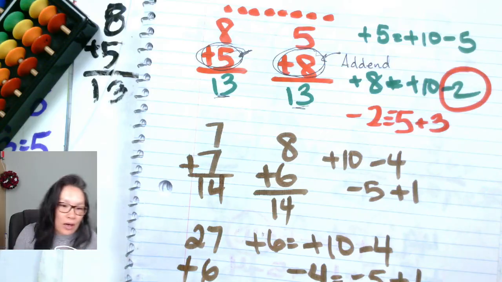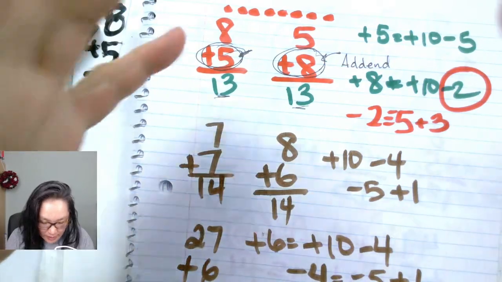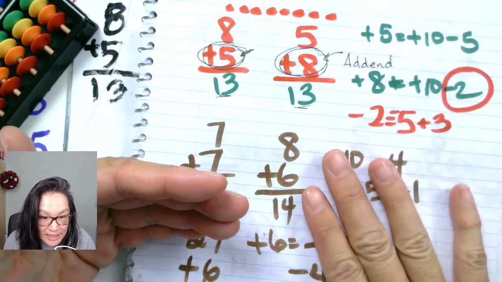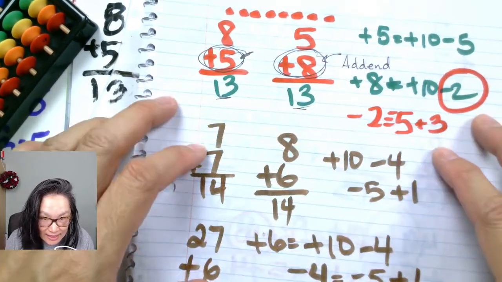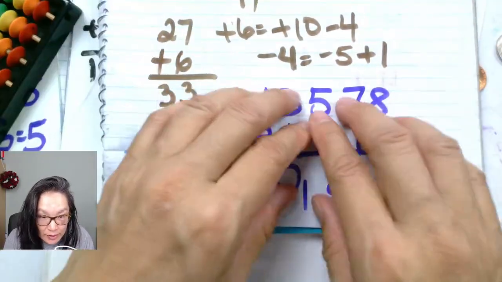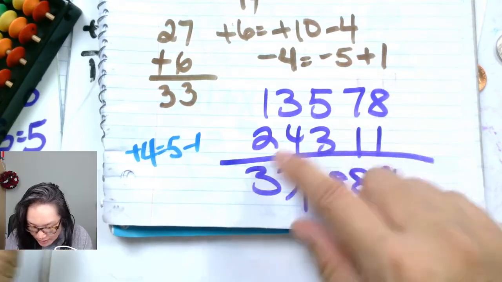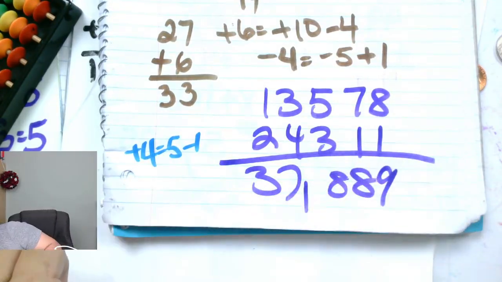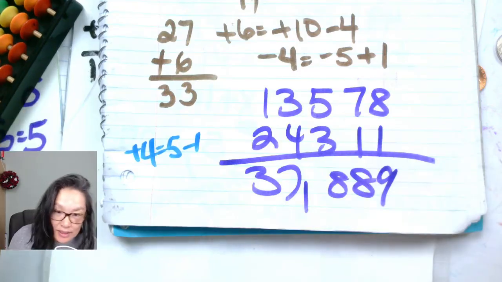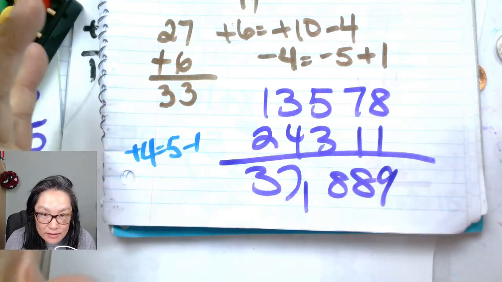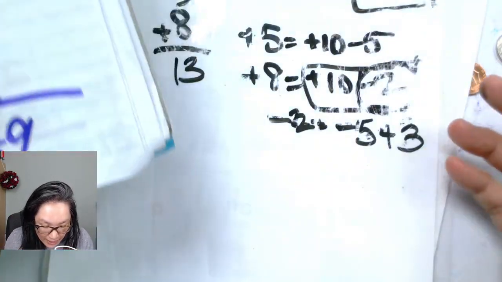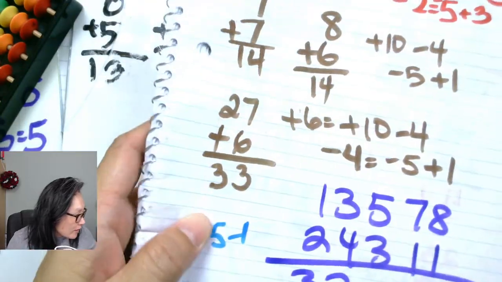But see, when we understand the fundamentals, we know the very basics, then we can scale it. That's where we come into the bigger numbers, right? When we come into the bigger numbers, this is actually not scary anymore because we can use the abacus to help us. Make sense? So going back, we just need to understand the fundamentals.